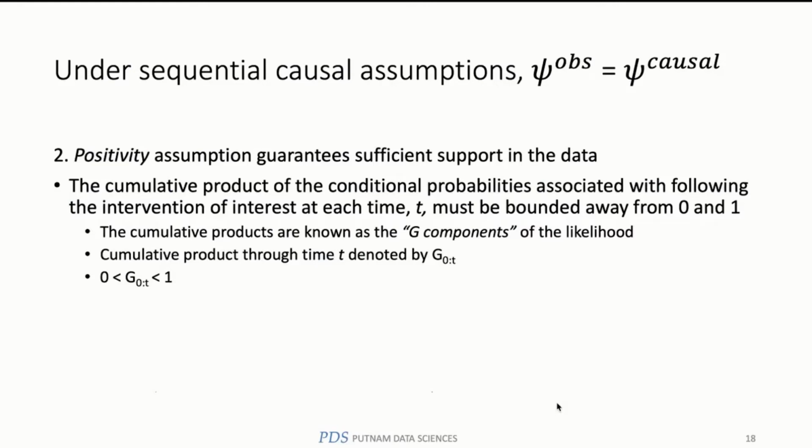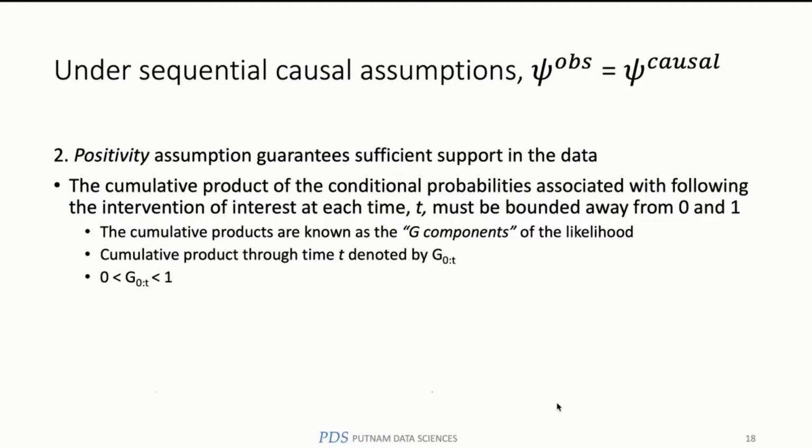So we actually have to do that at every time point. You estimate the probabilities of getting the treatment given the past, and you estimate the probabilities of being censored given the past. And you take the cumulative products of those. The cumulative product at each time point has to be bounded away from 0 and 1.